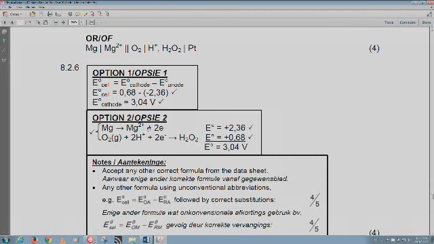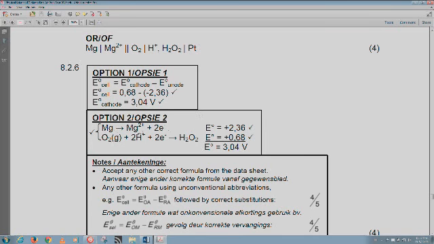Or the learner can use option 2, where the learner writes the magnesium half cell as oxidation. So magnesium forming magnesium ions plus 2 electrons, and writes the hydrogen peroxide half reaction as reduction correctly. For those two correctly written, it's 1 mark.